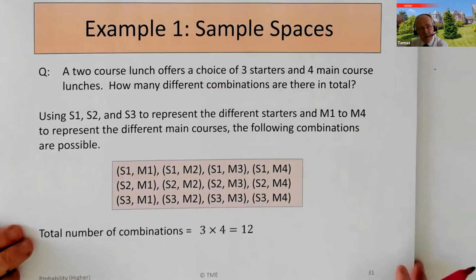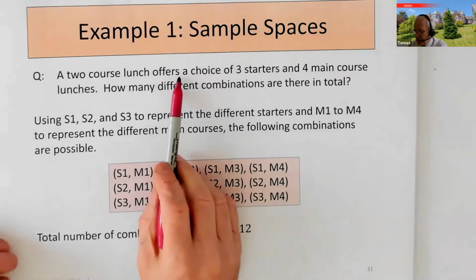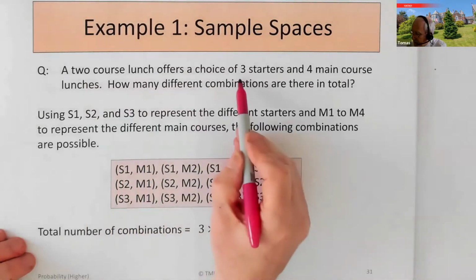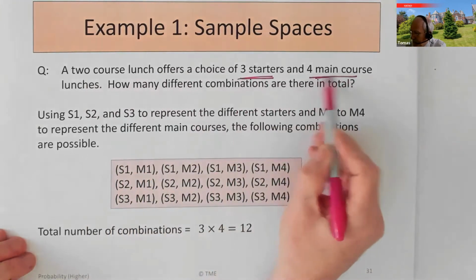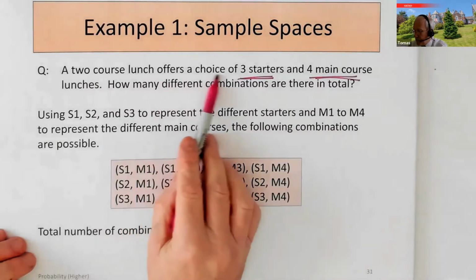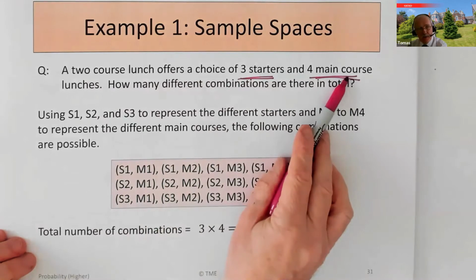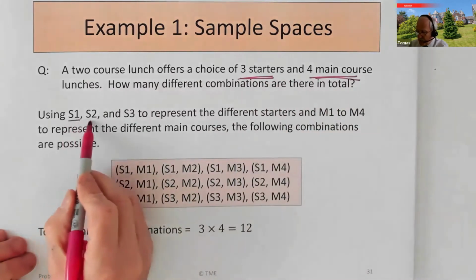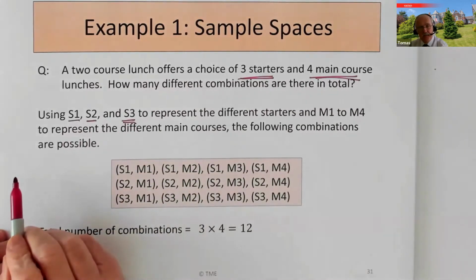So these are sample spaces for somebody having a lunch. A 2-course lunch offers a choice of 3 starters and 4 main courses. How many different combinations are there? So 3 starters and 4 main courses. Well, for the starters, you could have starter 1, starter 2, or starter 3.